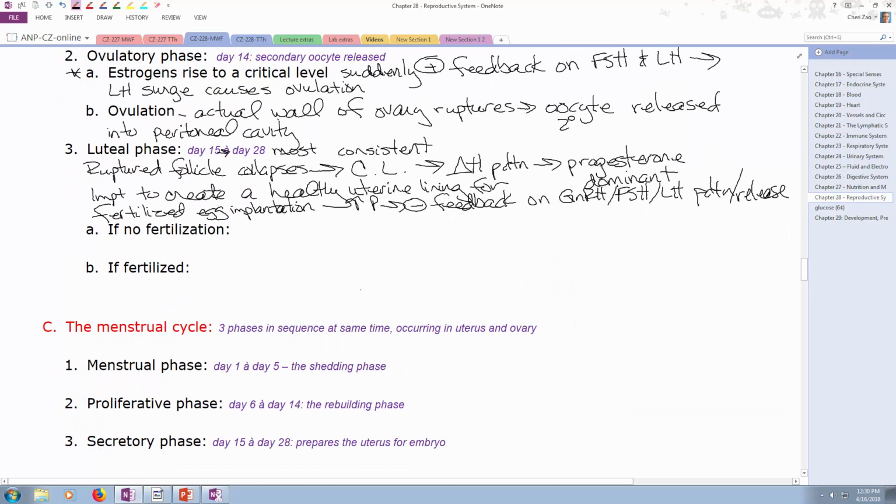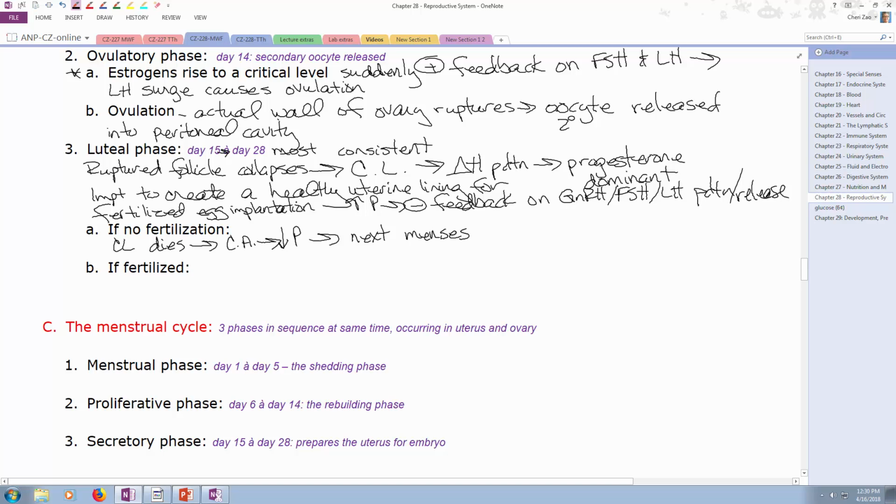So if there is no fertilization of the secondary oocyte, what happens is CL dies. It disintegrates, it degenerates, whatever you want to say, and becomes CA, corpus albicans, which means P levels drop, which then means next menses.